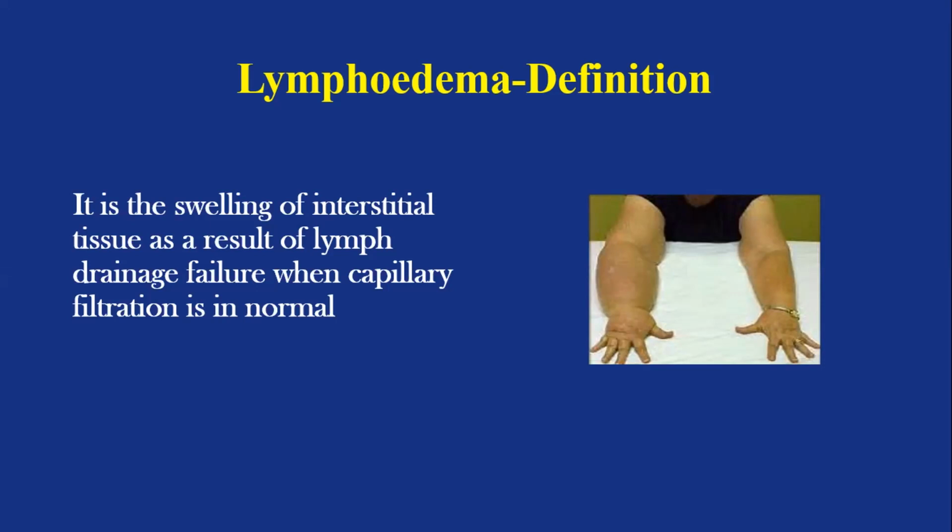So there is a chance of fluid accumulating in the interstitial space, gradually forming edema, that is lymphedema. So it is a swelling of interstitial space as a result of lymph drainage failure when capillary filtration is normal. We call that lymphedema.